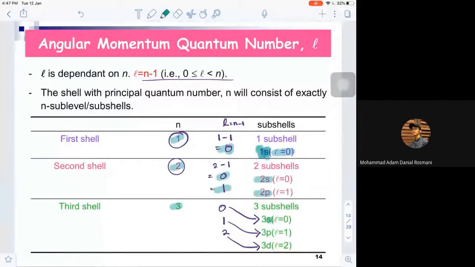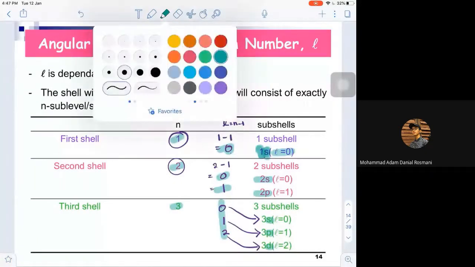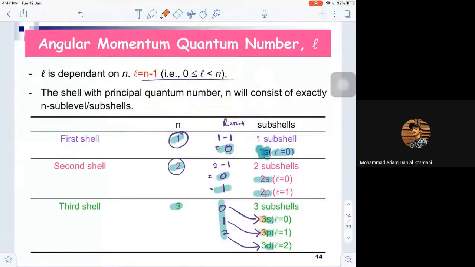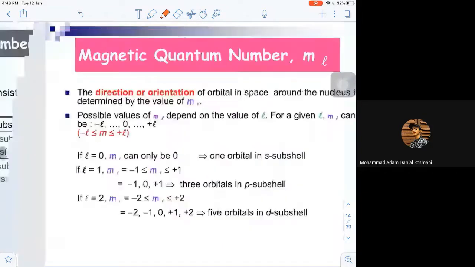They depend on the L value. And why do they have a 3 at the front? This 3 is determined by the principal quantum number.